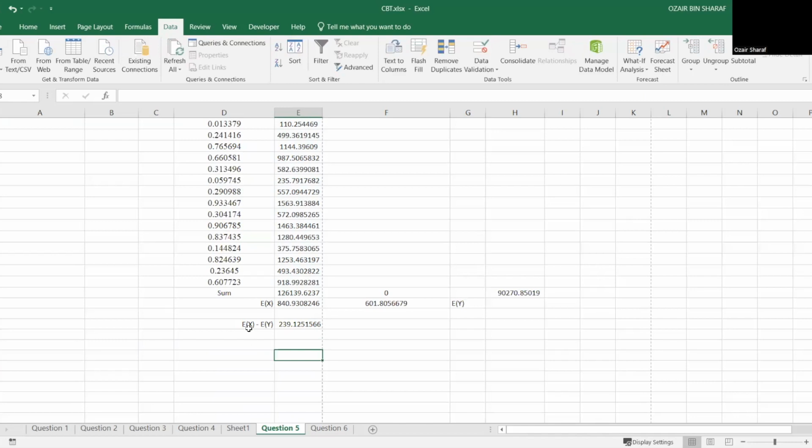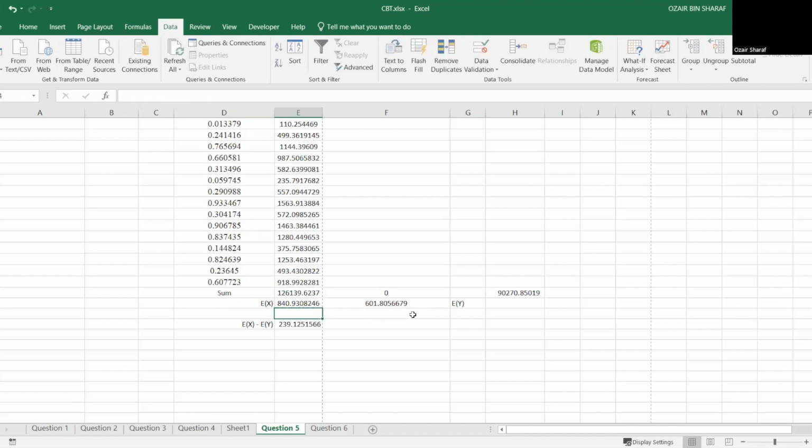Next, we are given the expected X minus expected Y, where expected X is the expected claim amount and expected Y is the expected payment made by the insurance, which is 239.125166. In order to find the expected Y, which is 601.805669, we get expected X first, which is this value divided by 150, hence 840.9380.